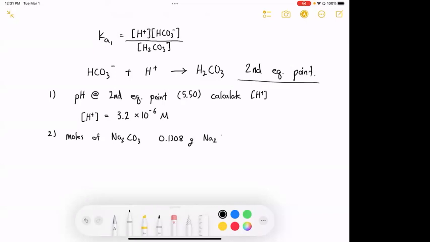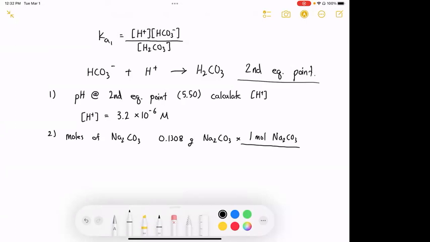Okay. We know the molar mass of sodium carbonate is 1 mole. Sodium carbonate, we can just add up all the values here. Let's just calculate that right now.